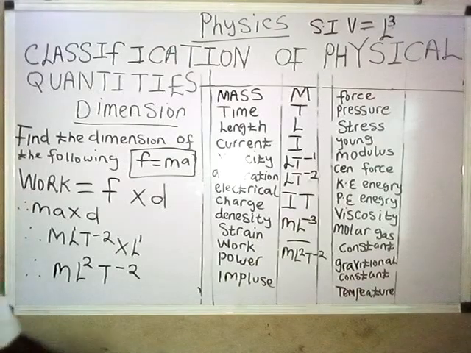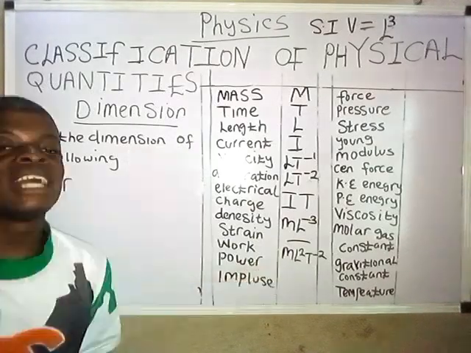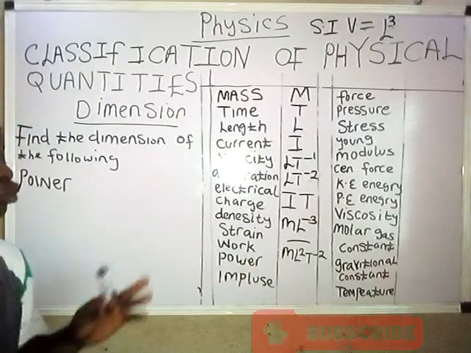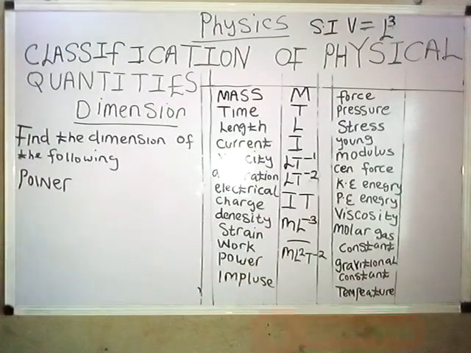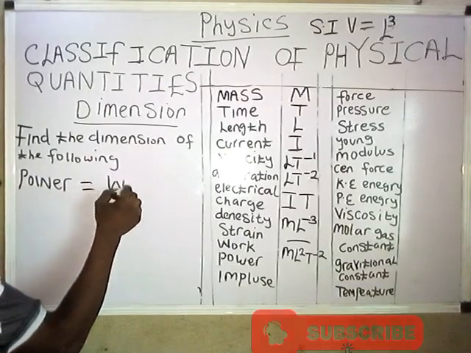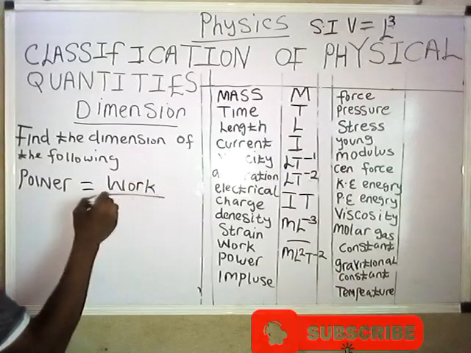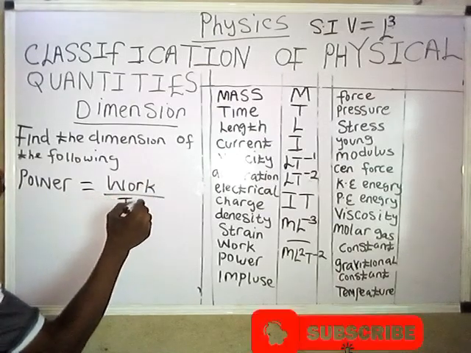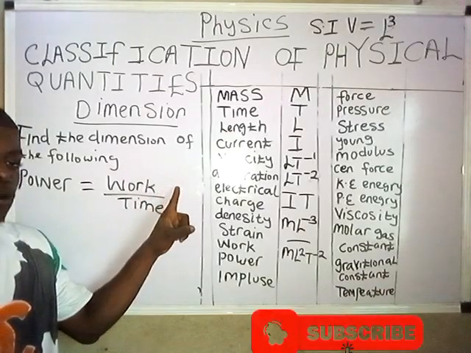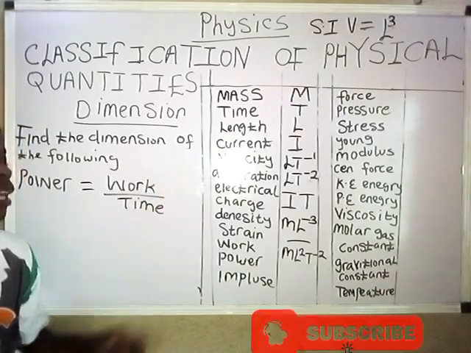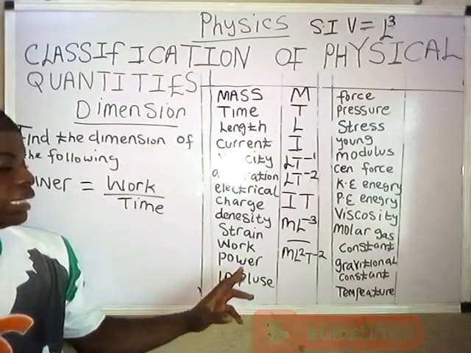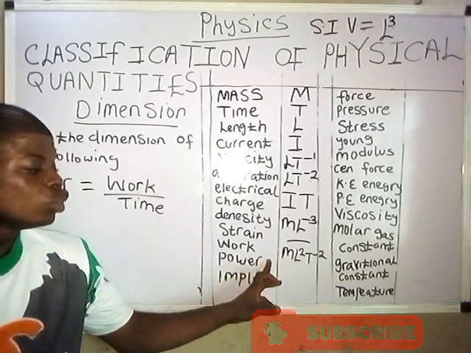So let's get the dimension for power. We have to look for the dimension of power. The formula for power is work done over time. So we have to know the dimension for work and time. I can solve this, but since we already have it in the table, there's no need to solve it.